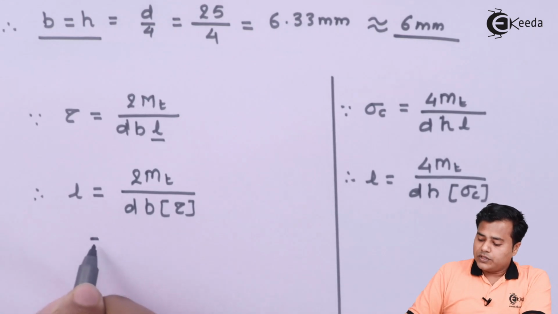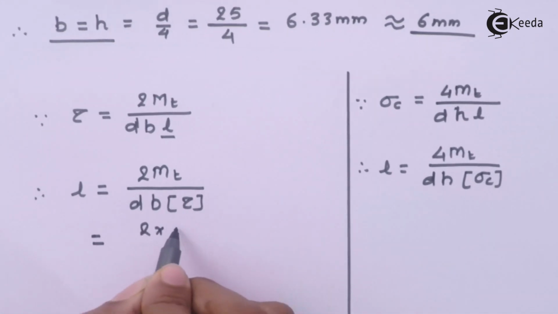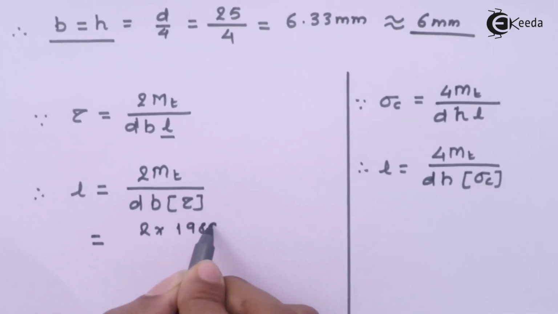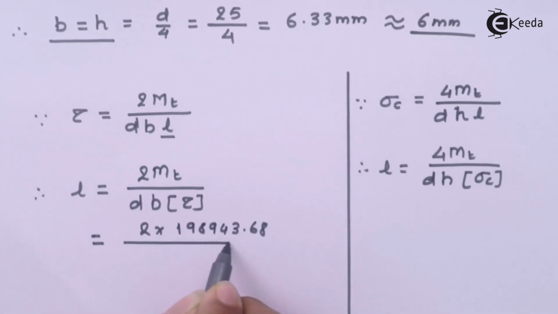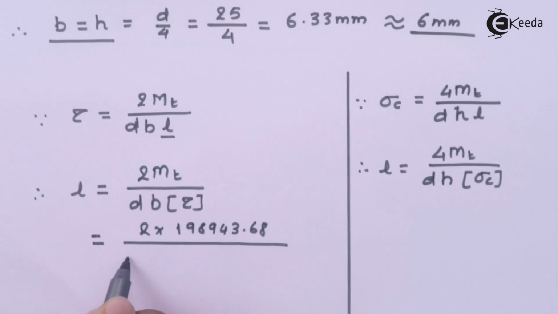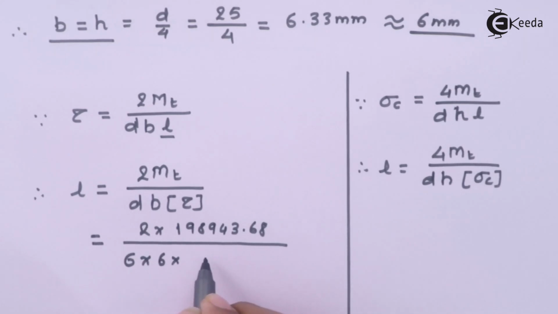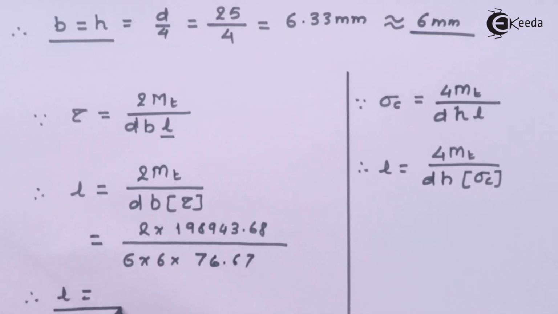The value of torque that we need to transmit is divided by the value of d, the value of b is 6, into the allowable value of tau that we have found, 76.67, and as we solve this we get the value of L in millimeter.